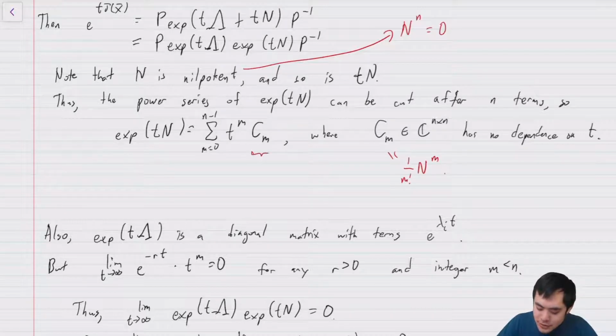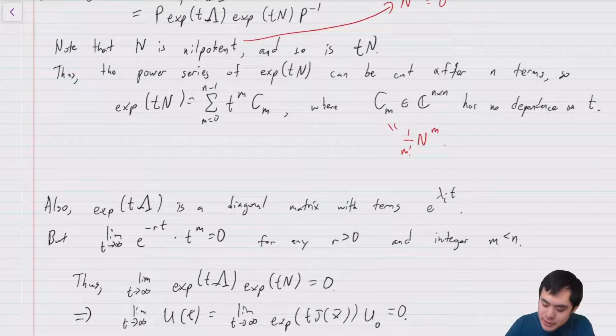Here we also define the matrix C, where it's just some n by n complex matrix that has no dependence on t. This is actually a real matrix, but that doesn't really matter. And we can compute it explicitly. We're not going to because it doesn't actually matter. All that matters is that this is some constant matrix with no dependence on t.